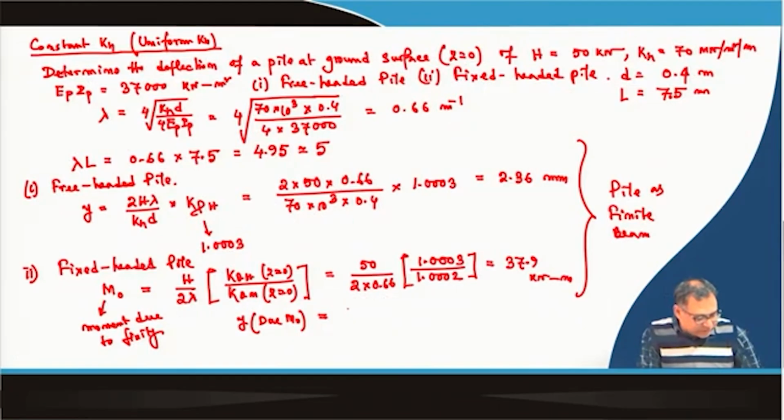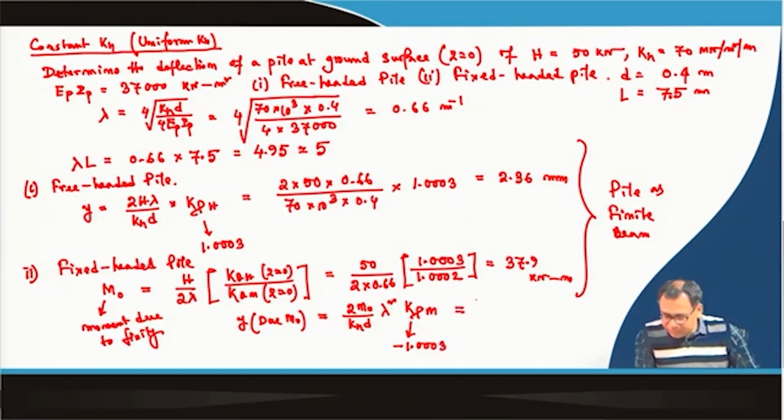So, the equation is 2 m0 by k h d into lambda square into k rho m, and rho m is minus 1.003. So, 2 m0 is 37.9 divided by k h, which is 17 into 10 to the power 3, d is 0.4, and minus 1.003.